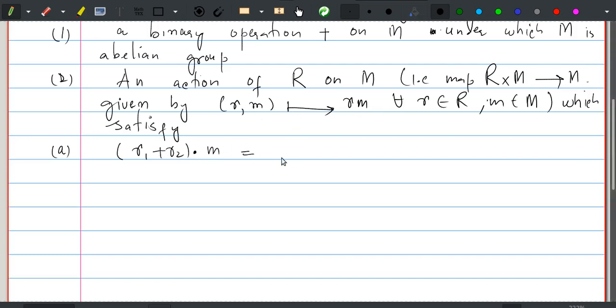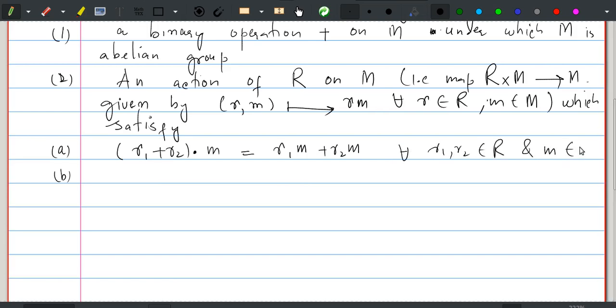So this must be equal to r1 m plus r2 m. This is for all r1, r2 in R and m in M.